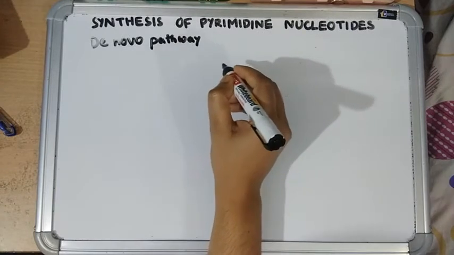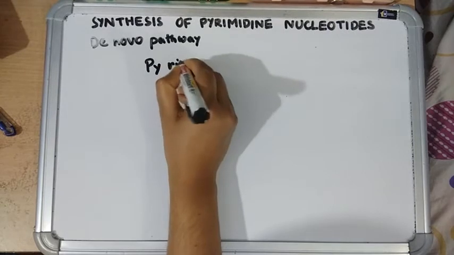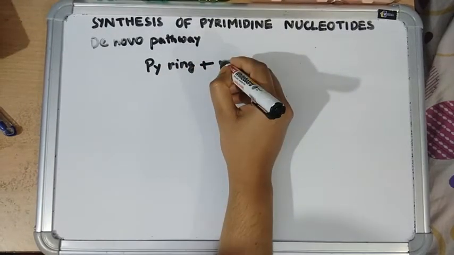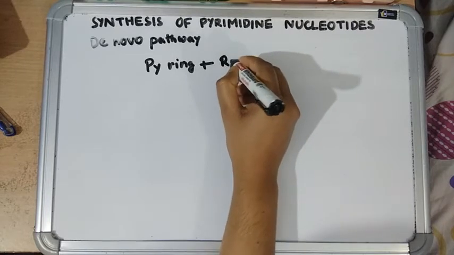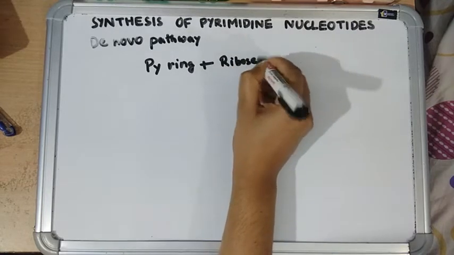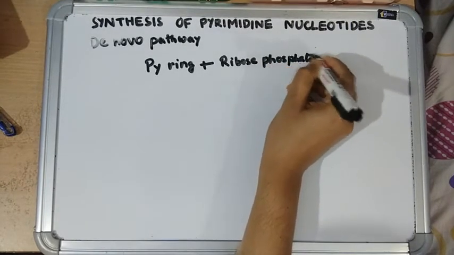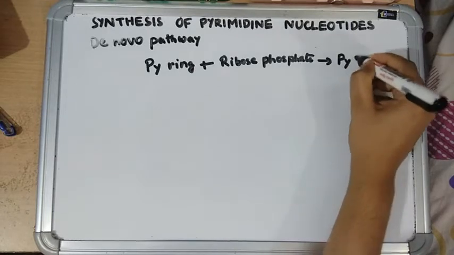So in de novo synthesis, the pyrimidine ring is synthesized first and then it is attached to a ribose phosphate to form a pyrimidine nucleotide.